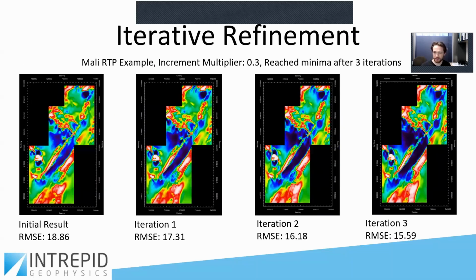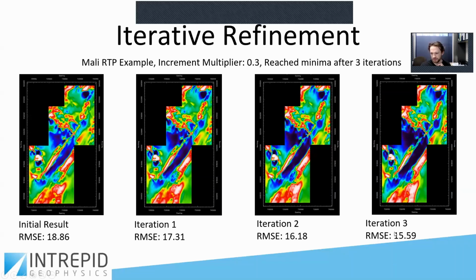The last step, where I was explaining before, is that we can iteratively go through the grid and try to get a better result each time. When we recalculate the grid at the original inclination with the forward modeling, we can take the difference between that original grid and our calculated grid, and calculate the error between them. Then we can try applying the corrections grid to reduce that error.